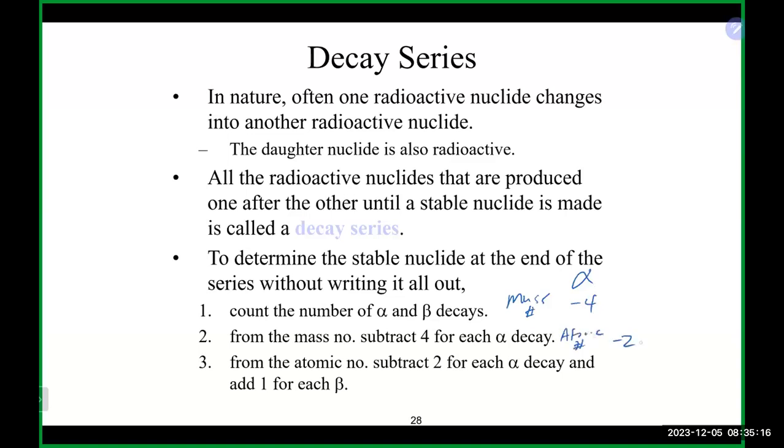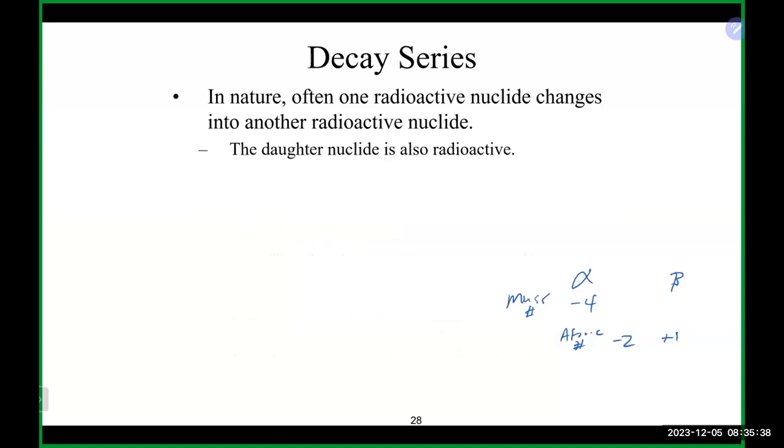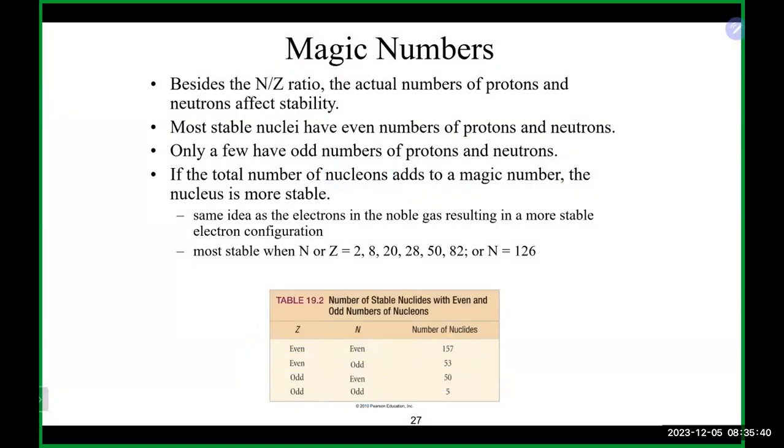And for every beta decay, you add 1 to your atomic number. So if you're just interested in what you would get at the end of the road, you could do it mathematically, but you could also do it in a series of reactions. So let's take a look at both ways here.